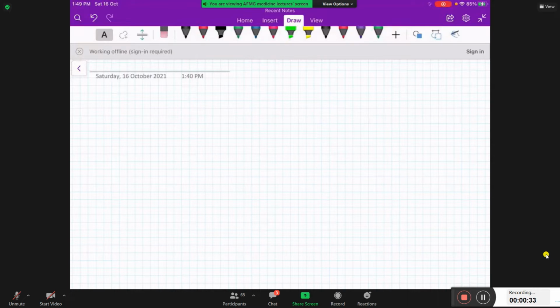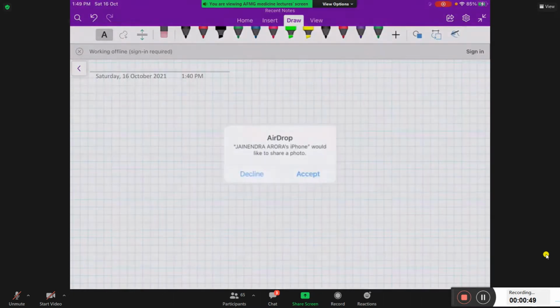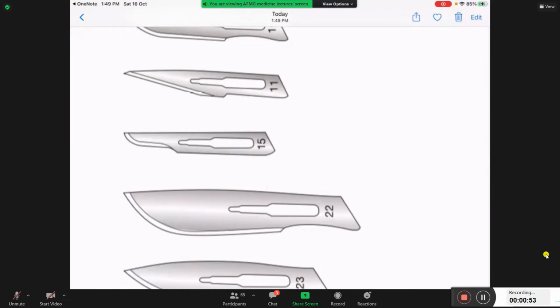Now, first of all, we should know these are the knives we have, the surgical knife blades. These are the surgical knife blades we have.